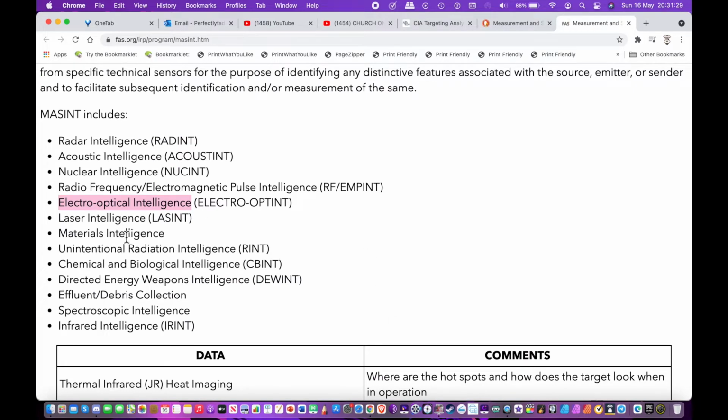Laser intelligence, material intelligence, that hasn't even got an acronym. Laser intelligence has LASINT. Unintentional radiation intelligence, RINT. Chemical and biological intelligence, CBINT. Directed energy weapon intelligence, DEWINT.